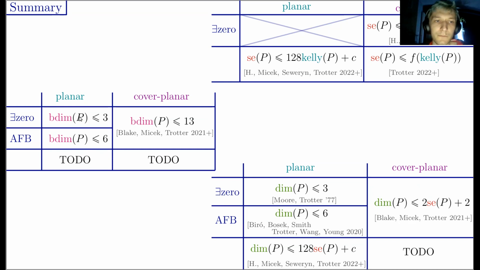So these two are just obvious corollaries from these two, because Boolean dimension is bounded by dimension. This one is part of the same paper as this one. So in cover planar with 0, we have a bound by 13, and these ones are open. We are currently working on this one, but we'll see if we can manage to do this.